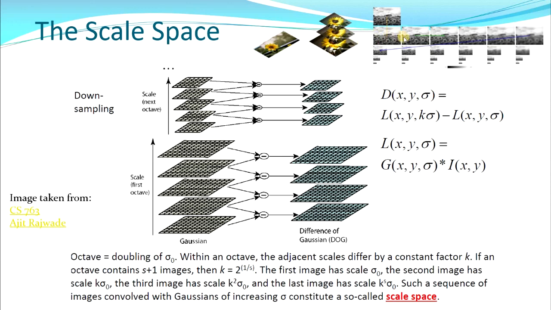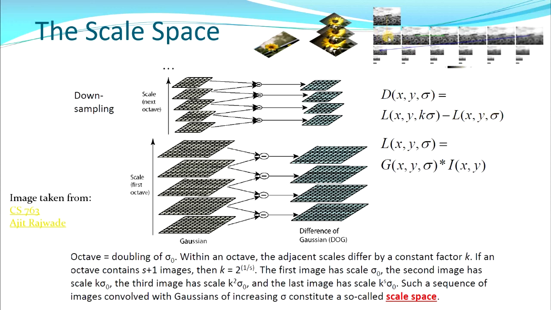And the other thing is, since we want to detect blobs, what we need is difference of Gaussian. We just saw DoG. So what we do is, we have this particular image, and I will blur it with a Gaussian filter having variance sigma.